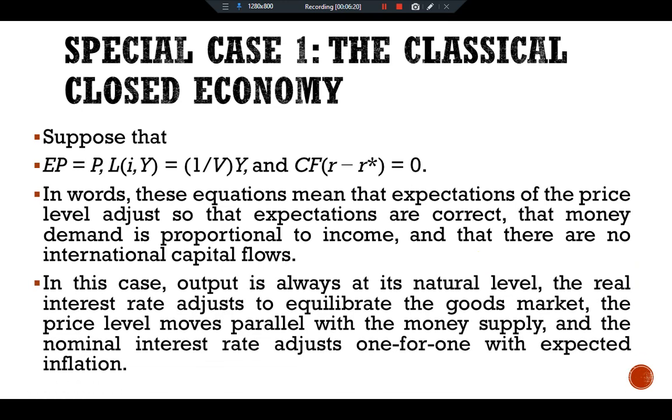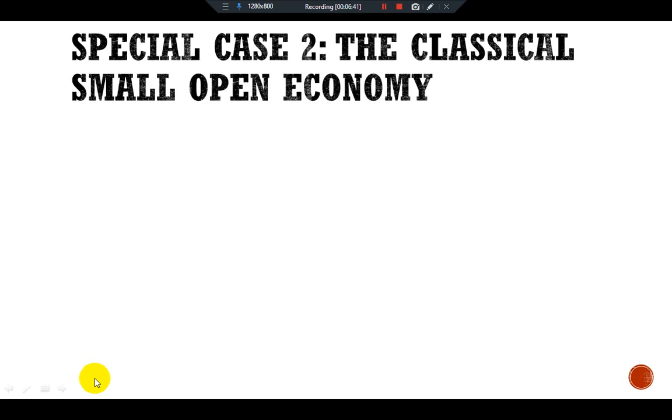In this case, output is always at its natural level. The real interest rate adjusts to equilibrate the goods market. The price level moves parallel with the money supply, and the nominal interest rate adjusts 1 for 1 with expected inflation.